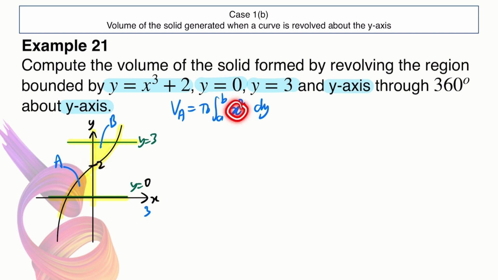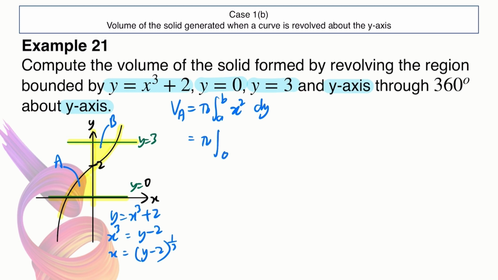And we don't have x as the subject, so we need to rearrange our function y equals x cubed plus 2 so that x is the subject. Then you will get x equals (y minus 2) to the power of 1 over 3. So now pi, a is 0 and b is 2, and x is (y minus 2) to the power of 1 over 3, all squared, dy.